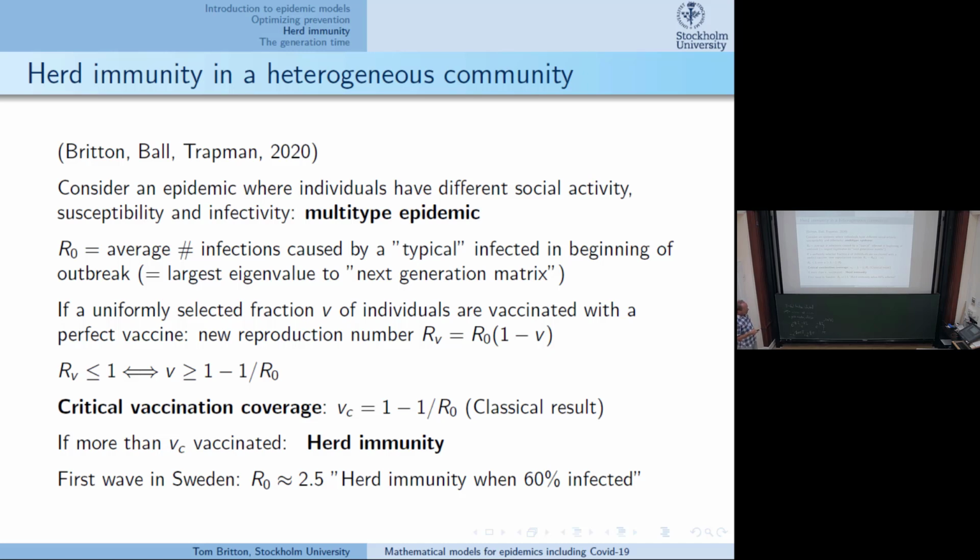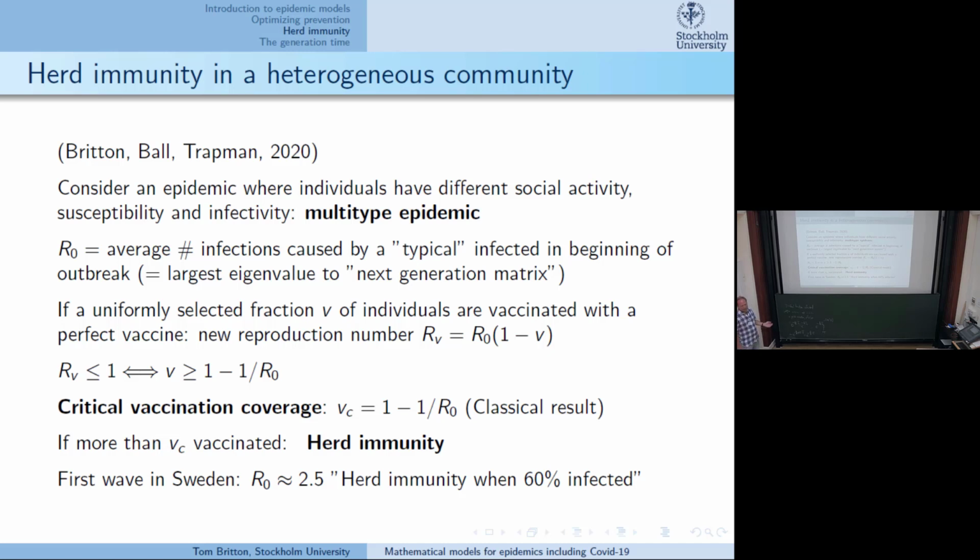However, this is true also if you have a multi-type epidemic, if you vaccinate people on average. So if you have a multi-type epidemic, some people are more susceptible, some people are more infectious if they recover, and maybe people meet at different rates depending on age structure.